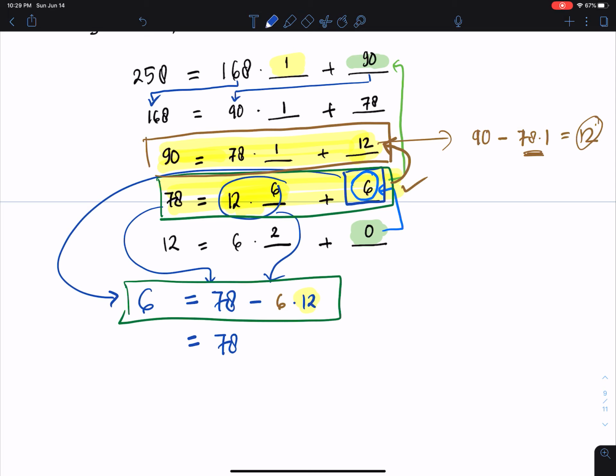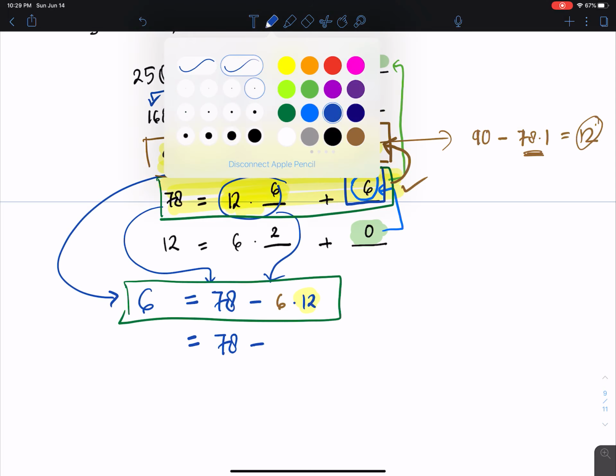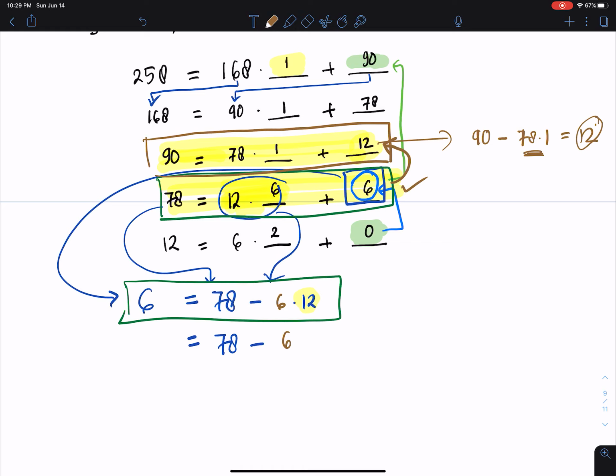Okay, so this is how I'm going to write it down. 78 minus 6 times 12. Let me use different colors so that you can see. The 12 will change to the one that we already have here. So that will be 90 minus 78 times 1, but I will write down 1 minus 78.